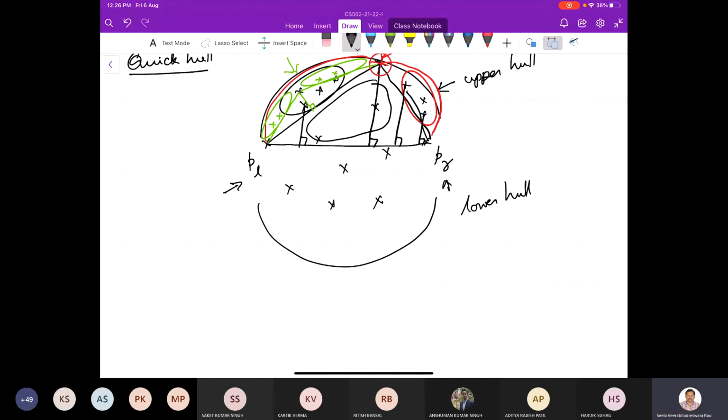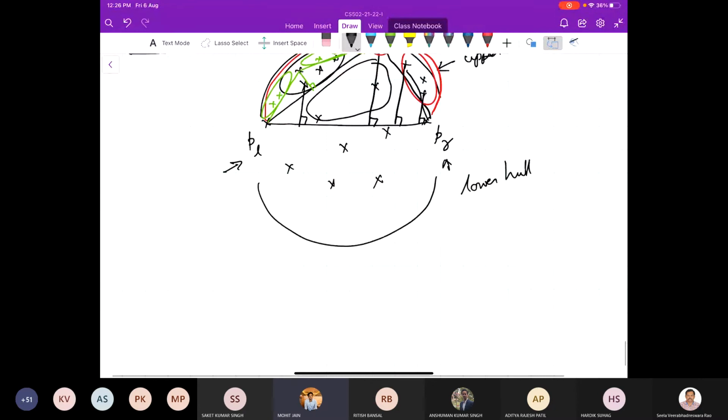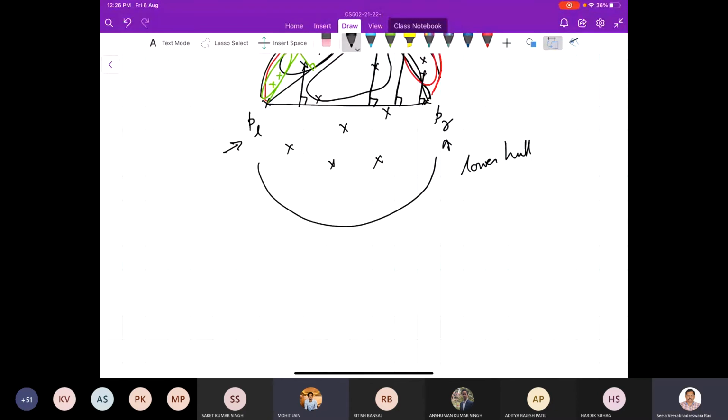So what is the complexity of this algorithm? Worst case, big O of n squared. Since it is similar to quicksort, the partition may be very skewed at each and every level. So in that case, what you will get is O(n squared).